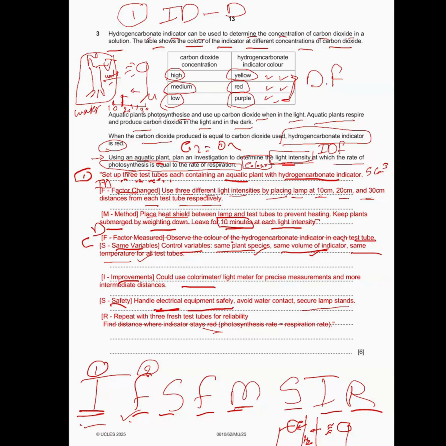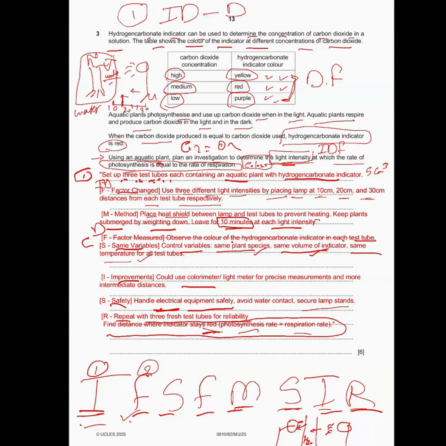Secure the lamp stand. R: repeat with 3 fresh test tubes for reliability. Okay? And find the distance needed where the color stays red, so photosynthesis equals the respiration rate.